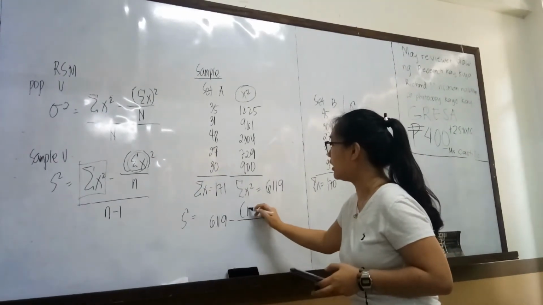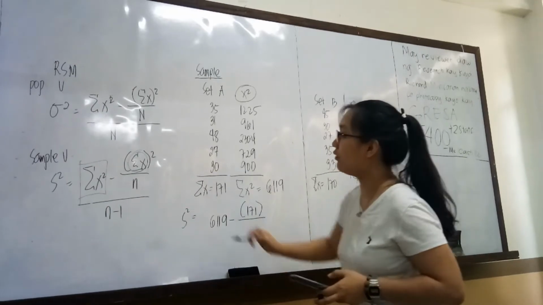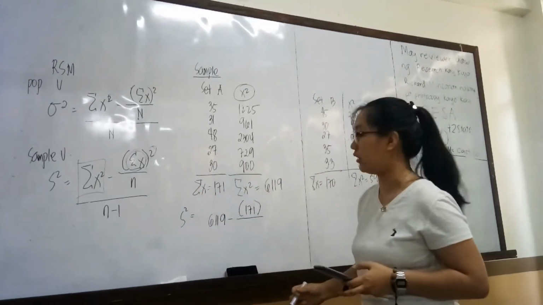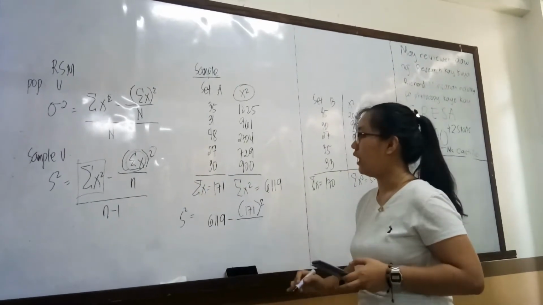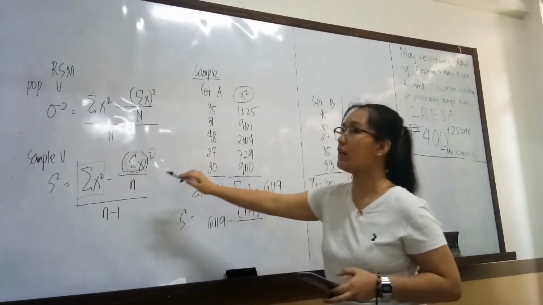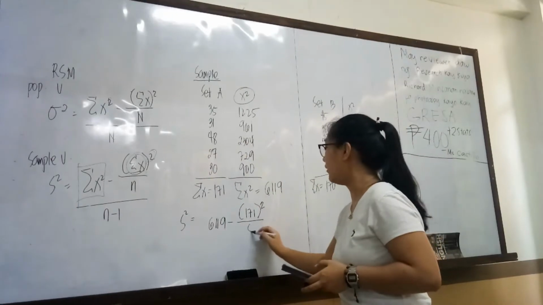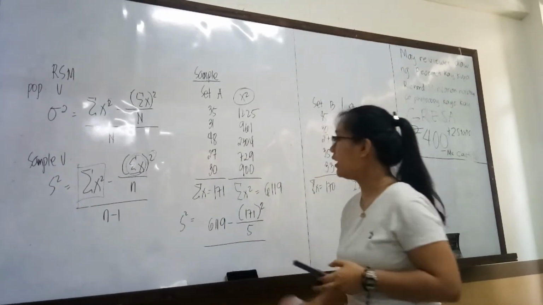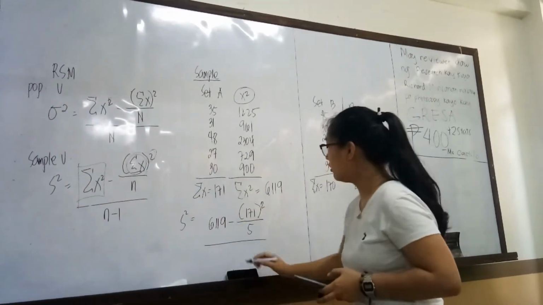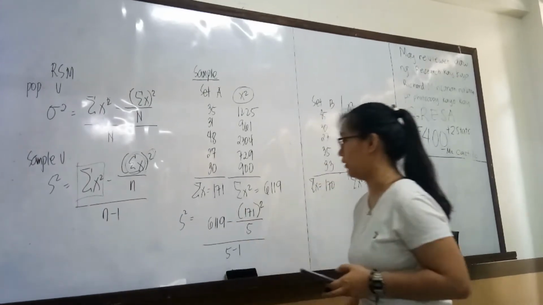It will be 171. However, the formula has a square on it, so we need to square this. And what is your n? Sample size, just count: 1, 2, 3, 4, 5. We have 5 data, and n minus 1 is 5 minus 1.